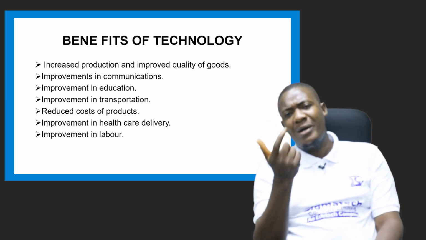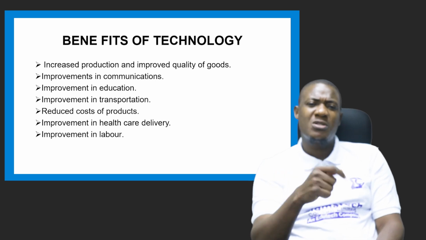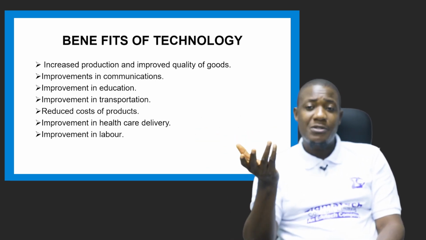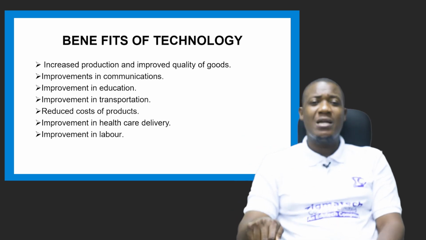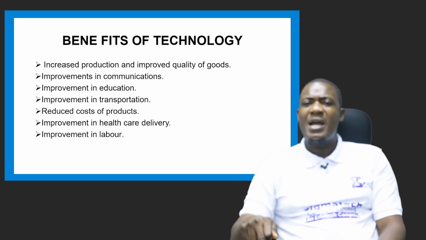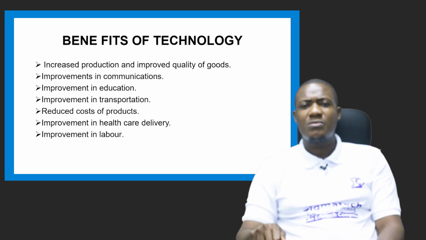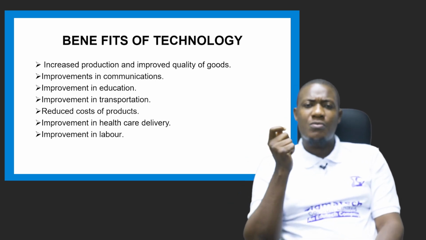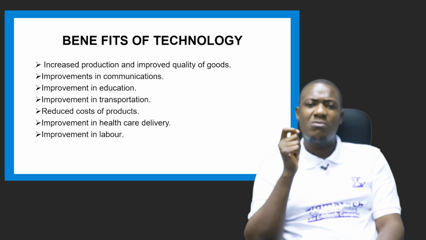But if you want to manually do it, you can only cultivate what will take care of you and maybe 5 family members. So that is how technology has helped us. Today, we have herbicides, we have pesticides, we have fertilizers, we have GMOs, we have improved seeds. All they are as a result of technology.